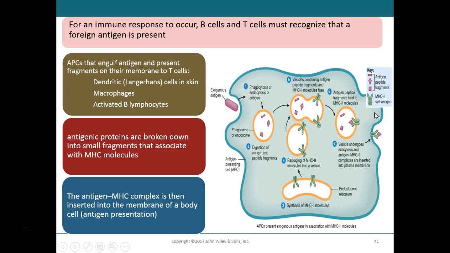The complex will be exocytosed and embedded in the cell membrane. So now we've got those antigen fragments and our major histocompatibility proteins inserted into the cell membrane. So this is presenting the antigen to T cells, and that's going to trigger an adaptive immune response.